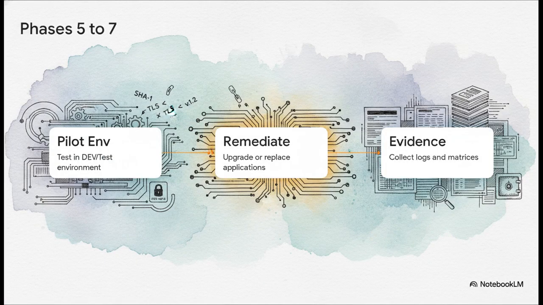Now, Phase 6 usually consumes the most time and effort. Remediating legacy dependencies like stripping out hard-coded SHA-1 or unsupported TLS versions requires meticulous engineering. You either upgrade, recompile against validated libraries, or just completely replace the application. And you're doing all of this while collecting rigorous evidence, like startup self-test logs and traceability matrices.